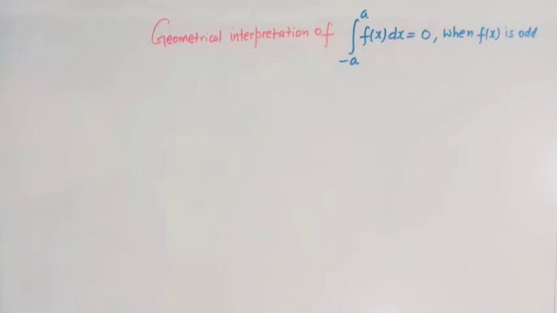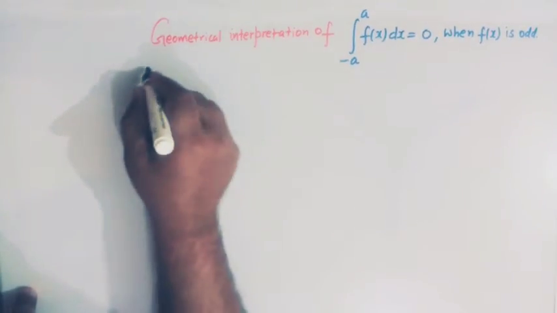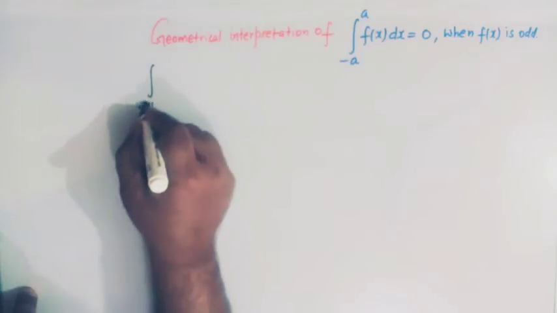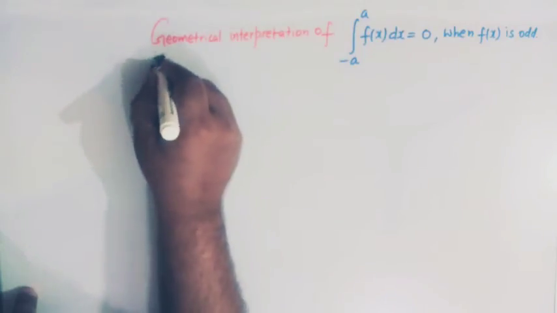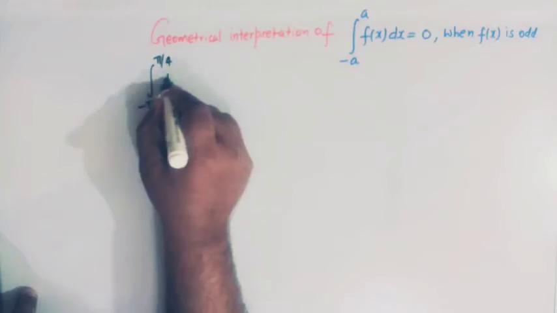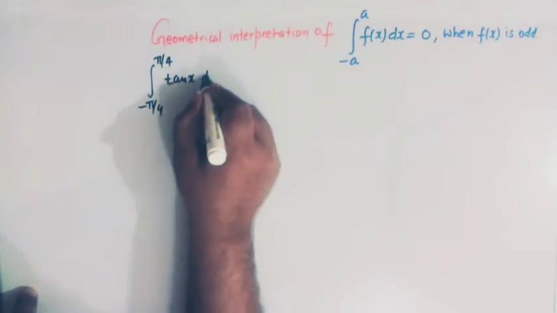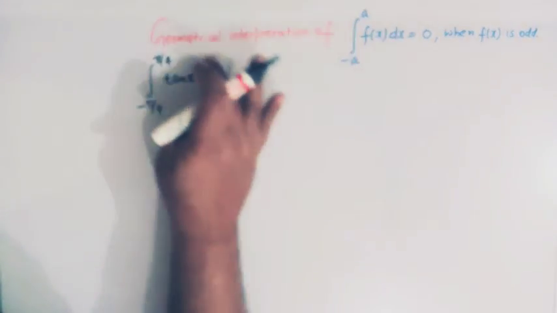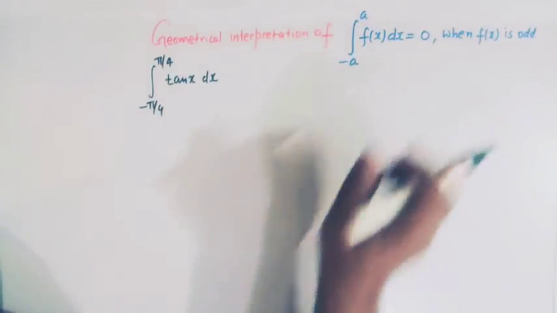So now let us evaluate this integral, that is, the integral from minus pi by 4 to pi by 4 of tan x dx, right? So let us first evaluate this integral with the help of this property.